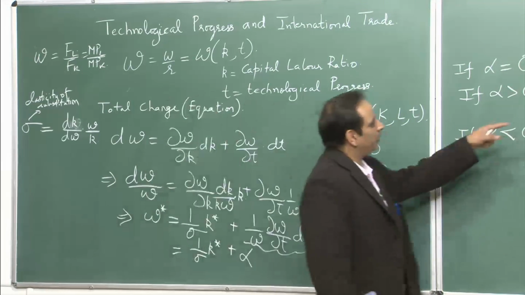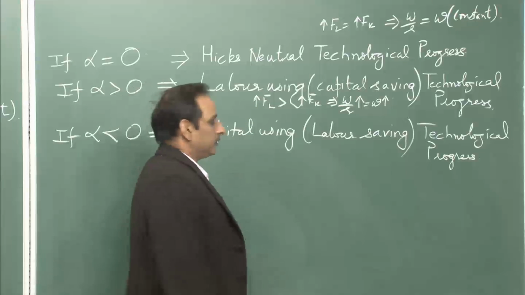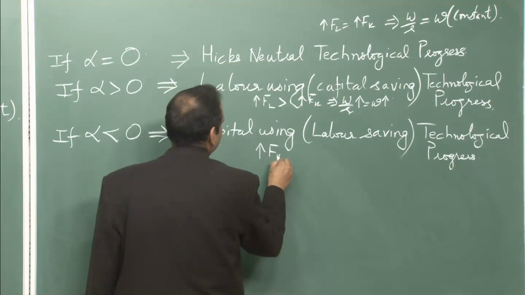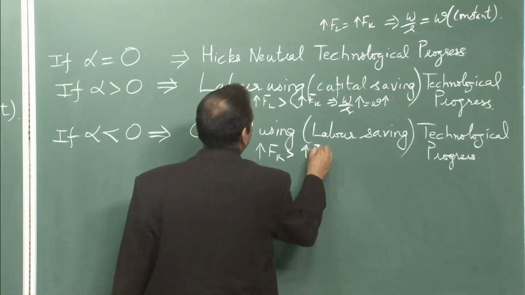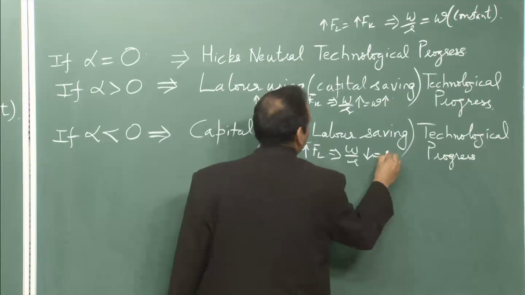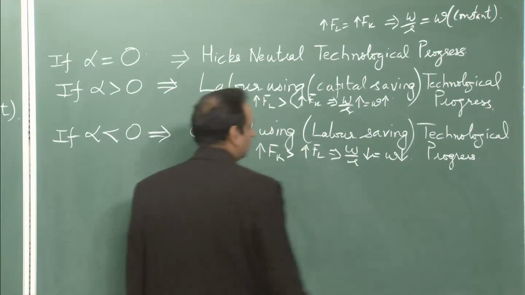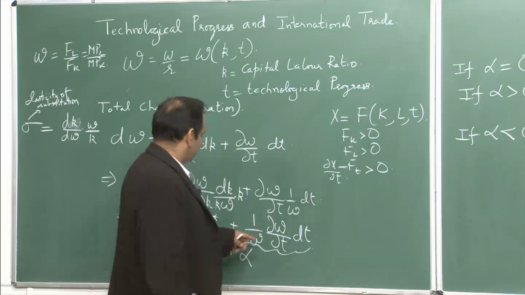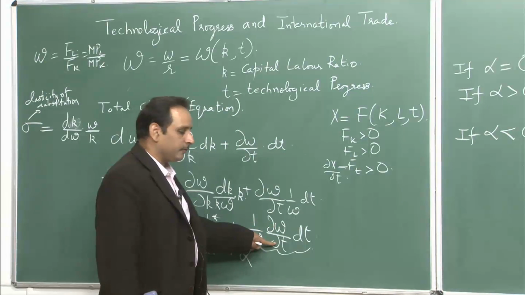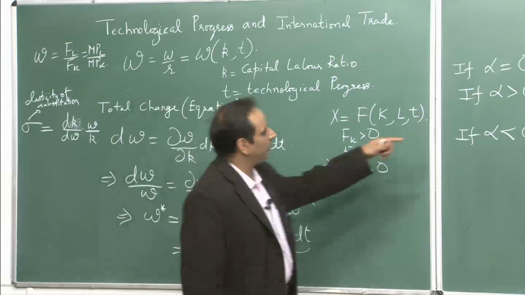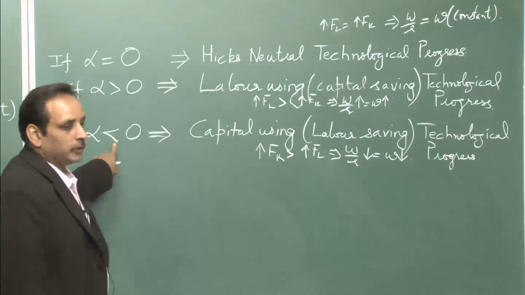So, you have labor using technological progress. If the increase in Fk is greater than the increase in Fl, this would imply W by R ratio going down or omega going down. This is called the capital using technological progress, where del W by del T would be this, you would see that alpha would be less than or equal to 0.